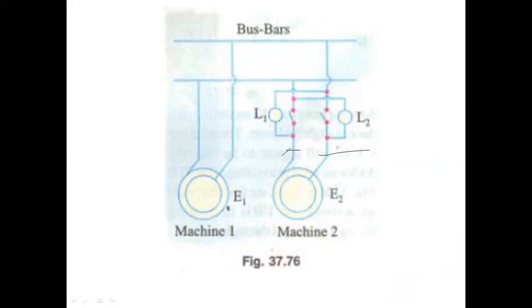Now the lamp will glow brightest when the two voltages are in phase with the bus bar voltage, because the voltage across them is twice the voltage of each machine, right? As the voltage is twice the voltage of each machine, these lamps will glow brighter.